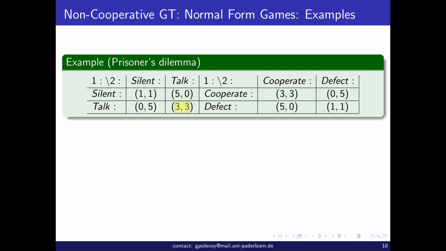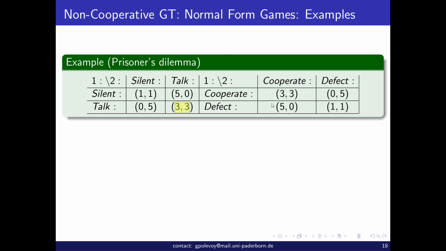Now, we're usually going to talk about another form of the same game strategically. We call talking defecting because they don't cooperate with one another. They cooperate with the investigator, but the players are the prisoners, so they don't cooperate with one another, they defect. And being silent is cooperating with one another.